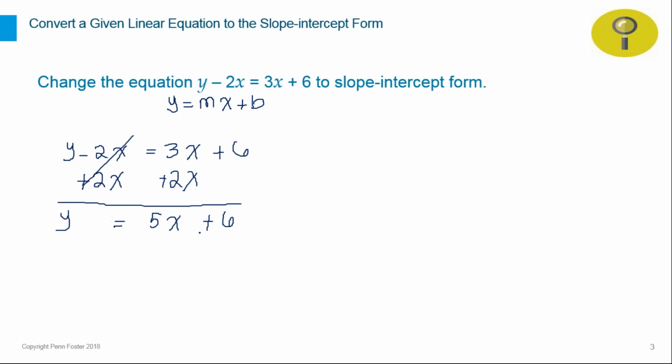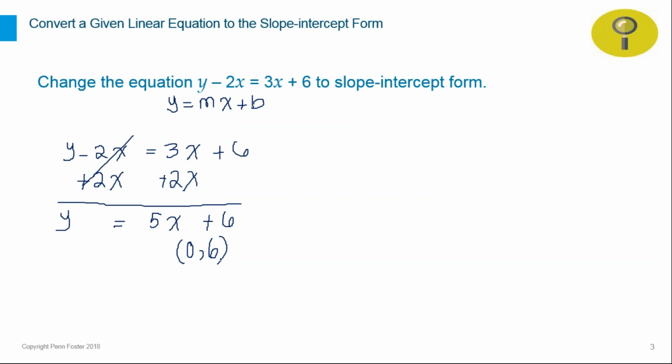From the slope-intercept form, we are able to directly conclude 1 point, which is the y-intercept point. Since b here is 6, the y-intercept point where the line intersects the y-axis would be (0, 6). We need a second point because to graph a straight line, you have to have at least 2 points to connect.